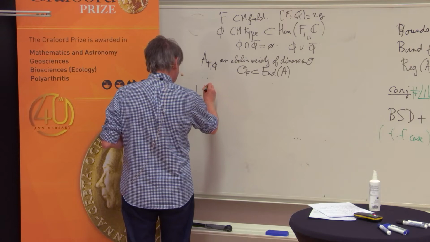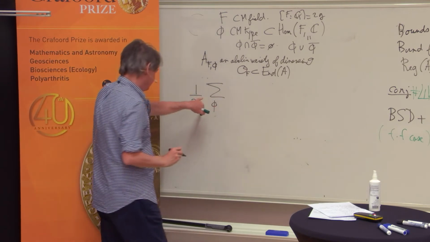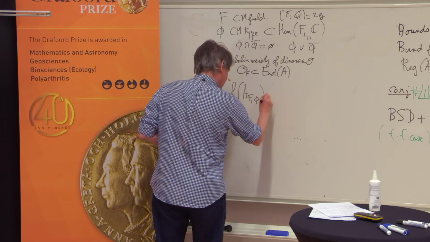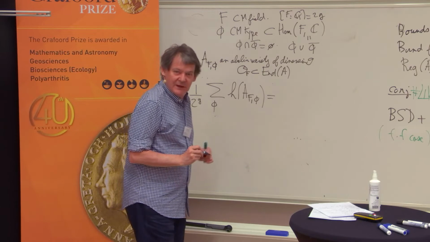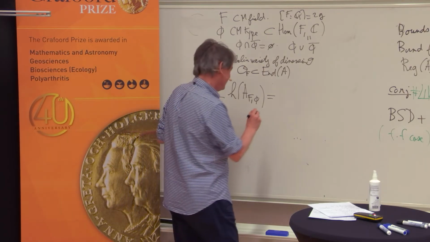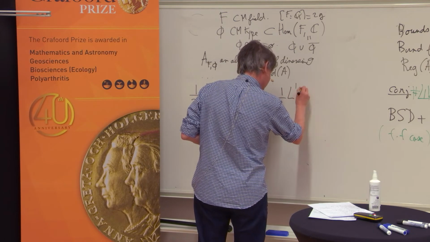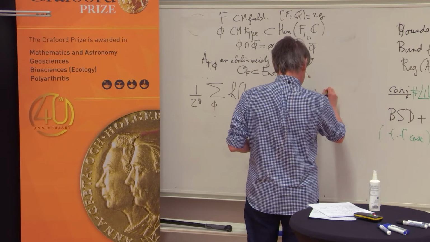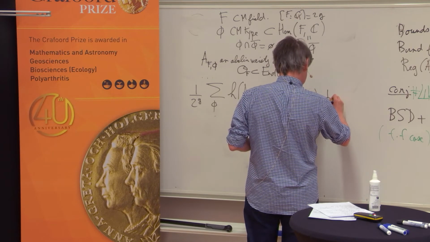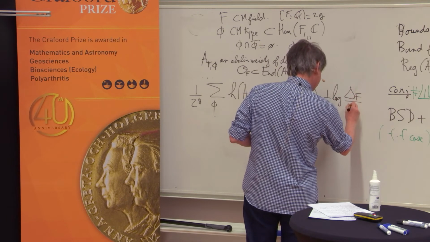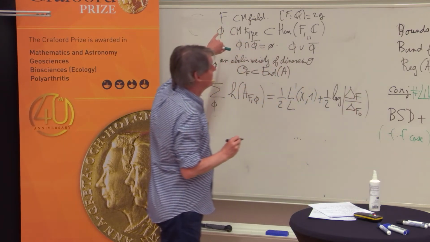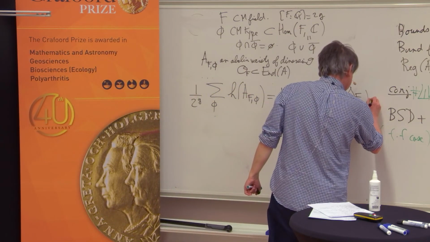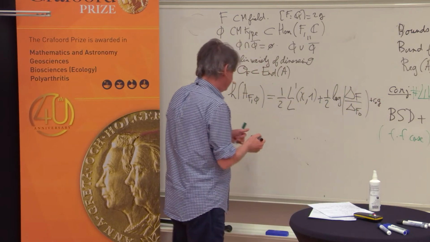You take the sum over all the 2 to the power g CM types phi of the height h(A_{F,phi}), and this is equal to, and now comes our zeta function, which had disappeared, the logarithmic derivative at 1 of L(chi, s), plus 1/2 of the log of the discriminant of the field over the discriminant of its totally real subfield, which I call F_0, plus a constant times g.